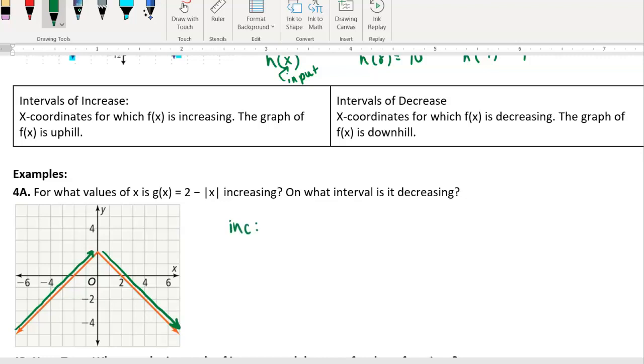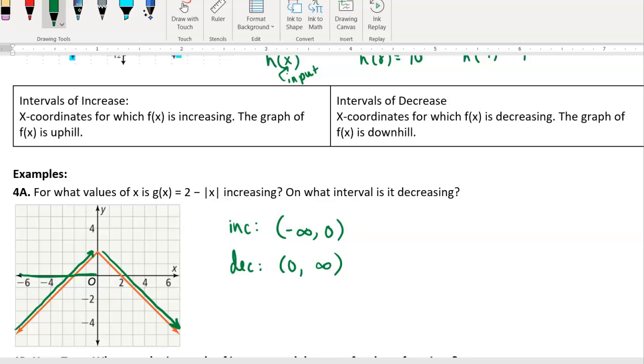So where is it increasing? It's increasing along the x-axis until it hits 0. So from negative infinity to 0, it's increasing. And then as soon as it hits 0, it's going to decrease, and it's going to continue to decrease as long as x continues from 0 to infinity.